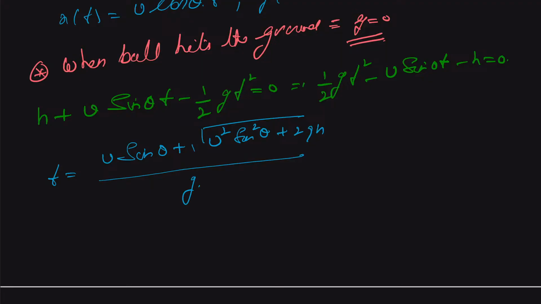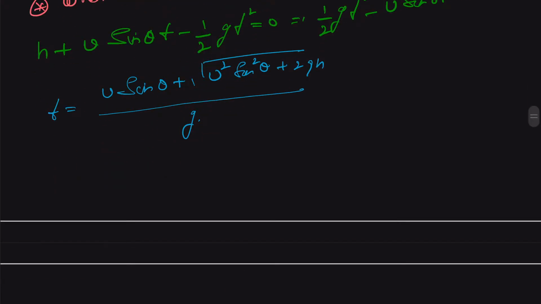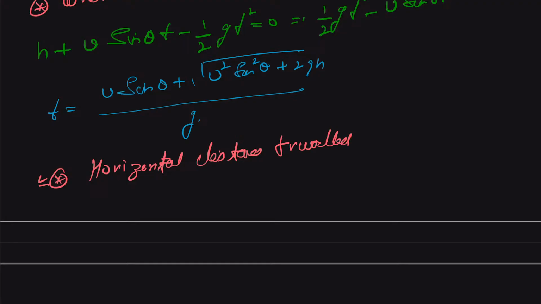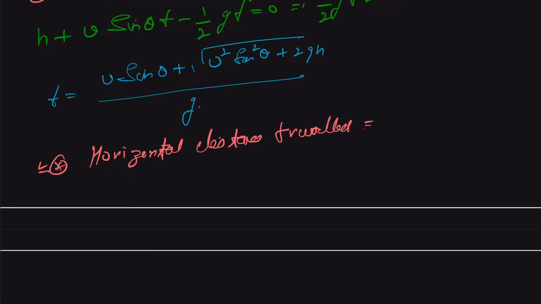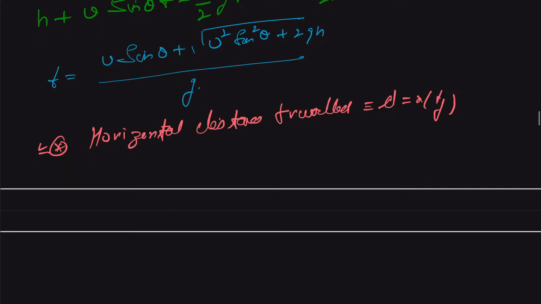That is our basic quadratic formula. Therefore, we can say that our horizontal distance traveled, which is suppose our d, will be equal to our x when the time of flight is represented as t f.